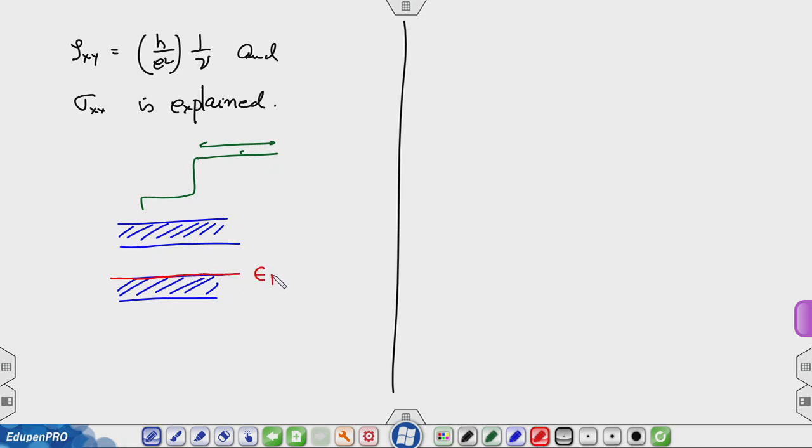This is epsilon F. As soon as you reduce, so let us go to the reduced B field. What would happen? Let me show by the width of this level the degeneracy. This degeneracy goes down, this degeneracy goes down, and therefore, the Fermi energy would shift here.